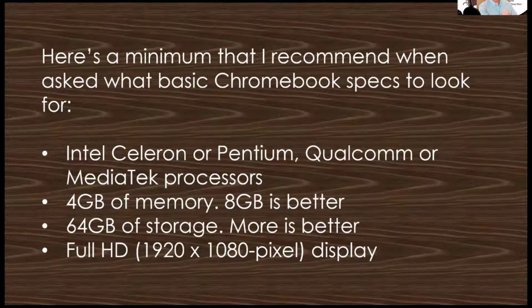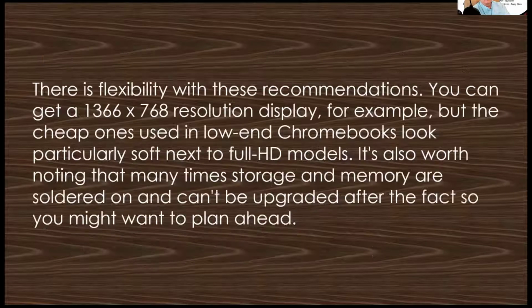Here's a minimum that I recommend when asked what basic Chromebook specs to look for. An Intel Celeron or Pentium, Qualcomm or MediaTek processor, 4 gigabytes of memory, 8 gigabytes is better, 64 gigabytes of storage, and of course more is better, and a full HD, which is 1920 by 1080 pixel display.